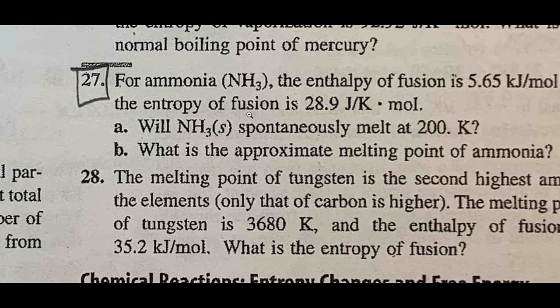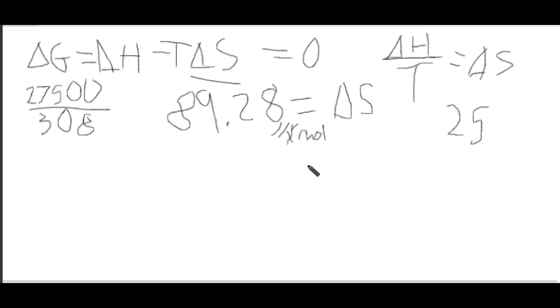Well, they give us an enthalpy of fusion and an entropy of fusion. So we can take our delta H and place it above our delta S, factor out the negative sign, to find our T in Kelvin.